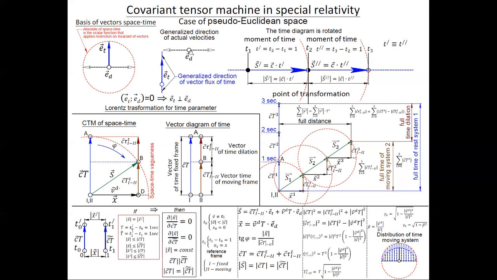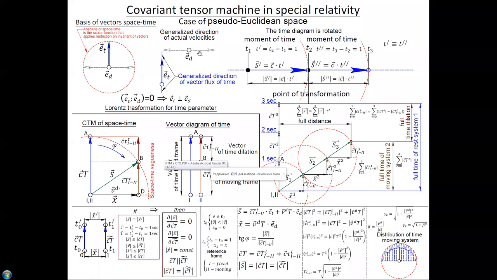I paint the Ed direction as a dashed line because actual velocity can be zero, but a vector of proper time distance always exists. Here, it is necessary to determine the generalized direction.